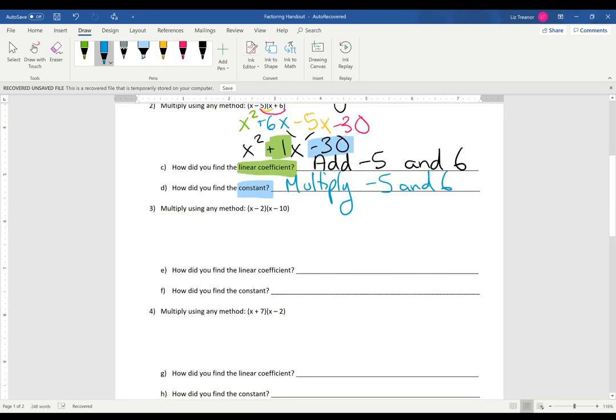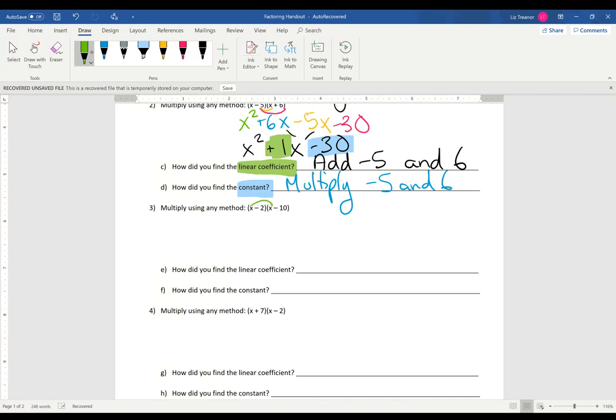Okay, question number 3. Go ahead and multiply once more. We got x times x is x squared. X times negative 10 is negative 10x. Negative 2 times x is negative 2x. Negative 2 times negative 10 is positive 20. Combine like terms, x squared minus 12x plus 20.